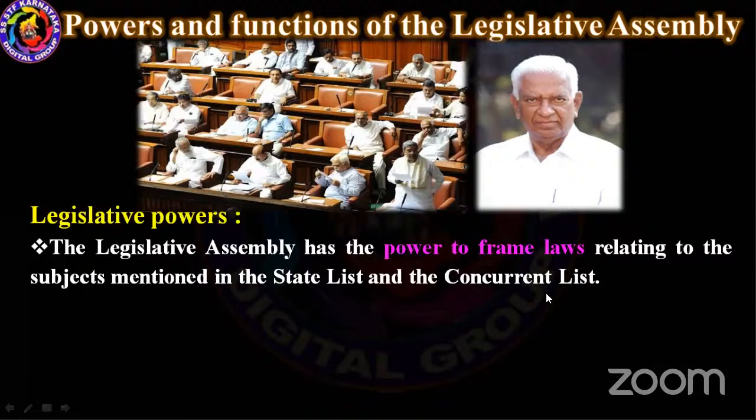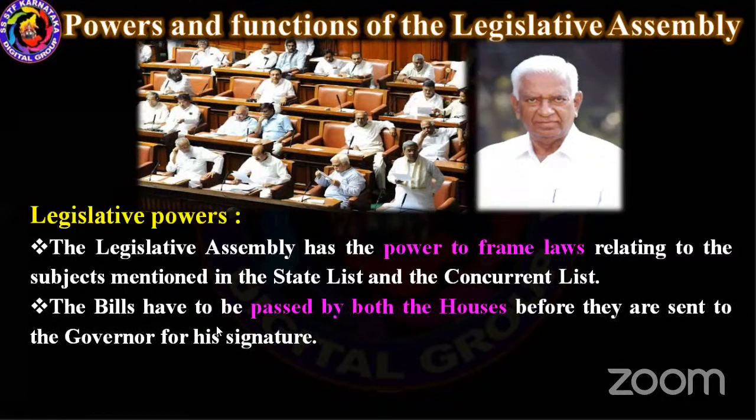If the central government also makes a law on the same concurrent list subject, then the central law or policy will remain. If the state also formed a law or policy on that subject, it won't be considered. They will reject and drop it, and consider only the central law or policy.